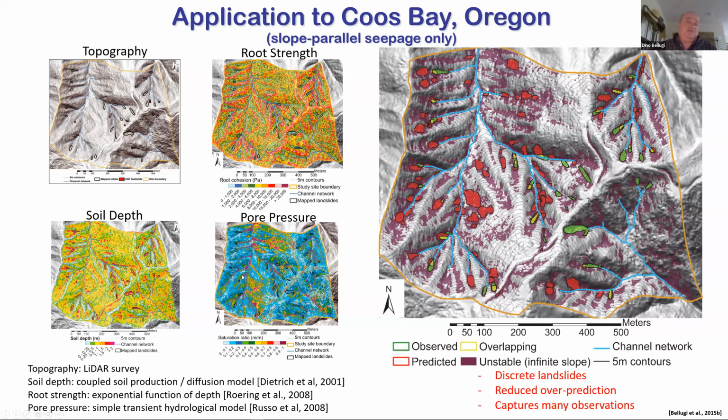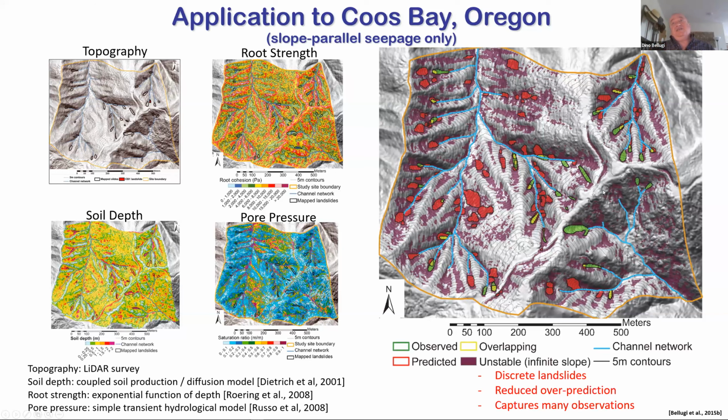And to get a pore pressure field, we used a simple variable contributing area hydrological model that just assumed shallow slope parallel subsurface flow. The output of this model is then a set of discrete landslides that are shown in red, and I stress that these are individual landslides with a shape and a size associated to them.